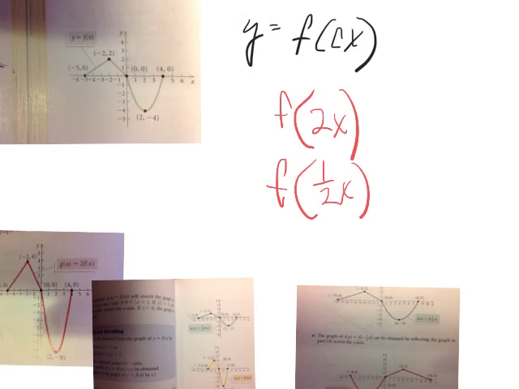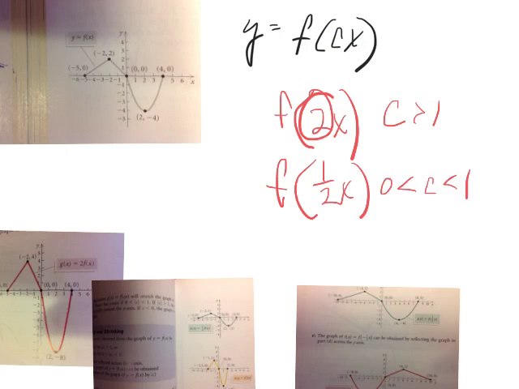So in that blue box there, it says that if my c is greater than 1, like it is right here, it's going to shrink horizontally, and if that number is between 0 and 1, it's going to stretch horizontally. And I'll show you what that is here in just a minute.